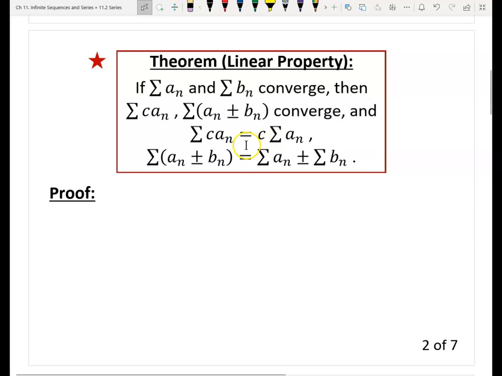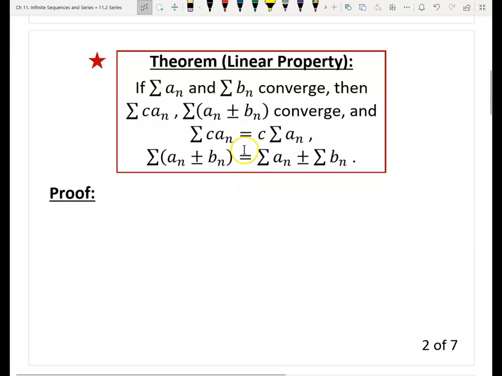The integral we learned before is just a kind of series. Just think about it. What is the definition of the integral? Cut the area into pieces. Each piece is the area of a rectangle, right?